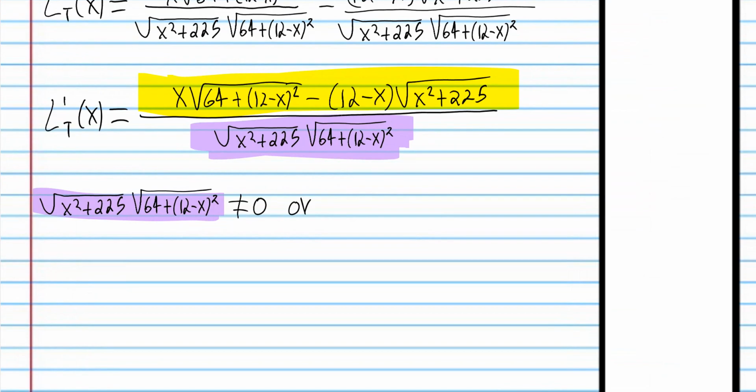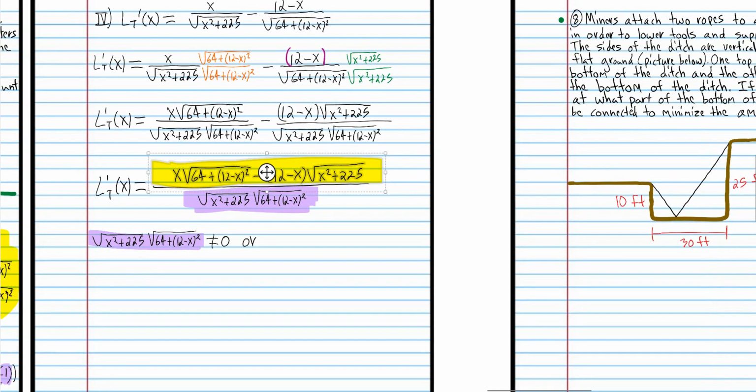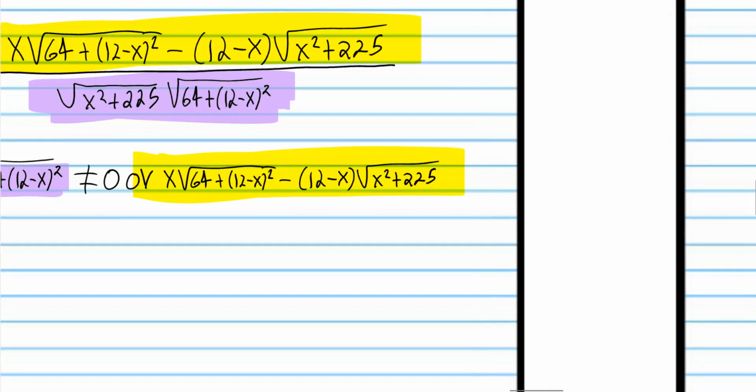But the numerator, we want to know if that's equal to 0. So that's the whole problem right there. Is figuring out when the numerator is equal to 0. So we'll try to fit this on the page. So we're going to set that equal to 0.